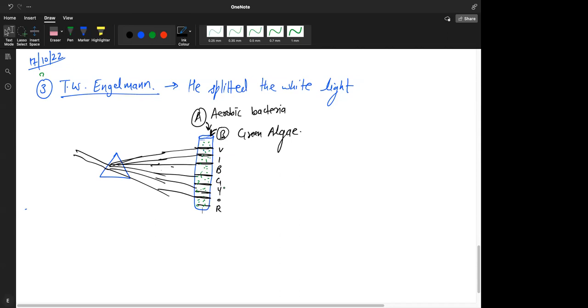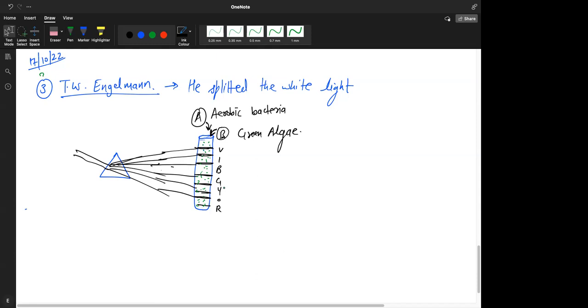Yes. And wherever there will be more photosynthesis, there will be more evolution of oxygen gas. Yes or no? Yes. And wherever there will be more oxygen gas, there will be concentration of aerobic bacteria.